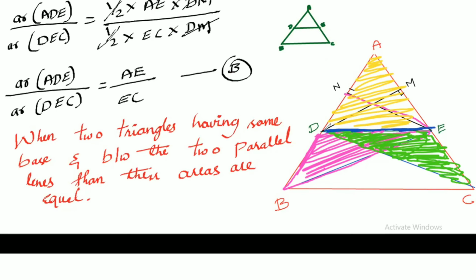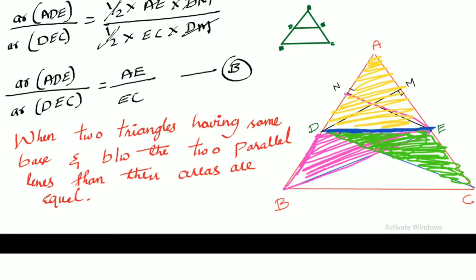They are on the same base, but it is like upside down. But understand this. They are on the same base and between two parallel lines. Then their area must be equal. Did you get the point?